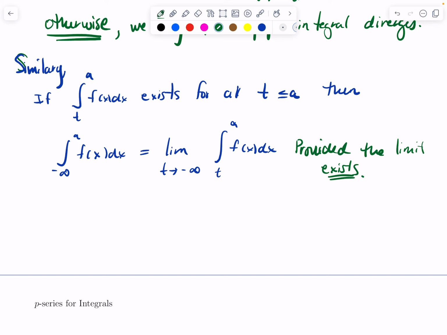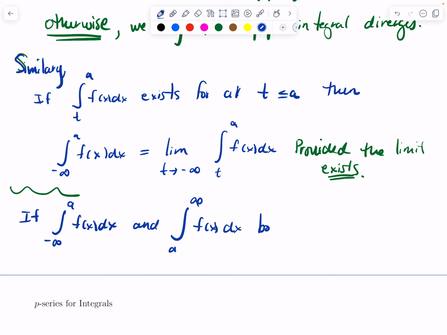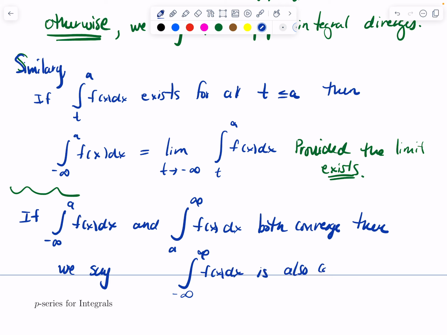Now, if this integral and this integral both converge, then we say this integral, negative infinity to infinity of f of x dx, is also convergent.